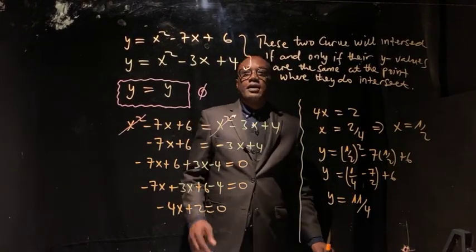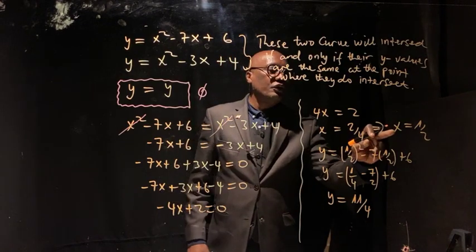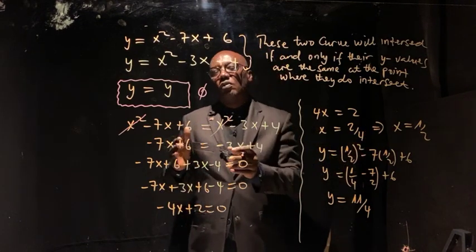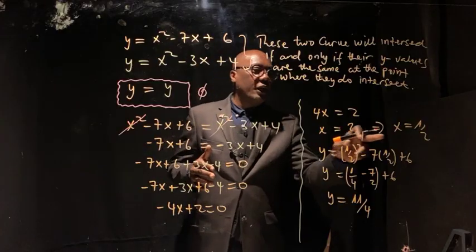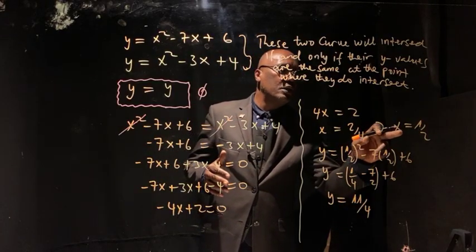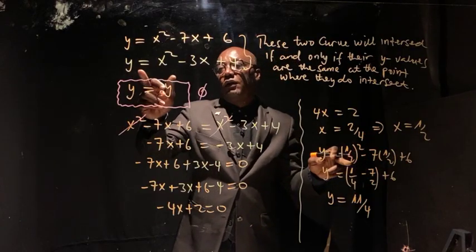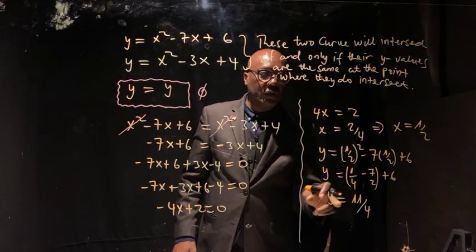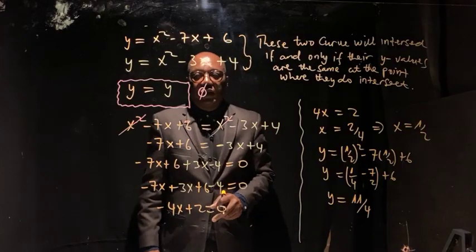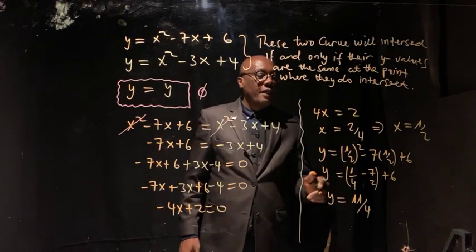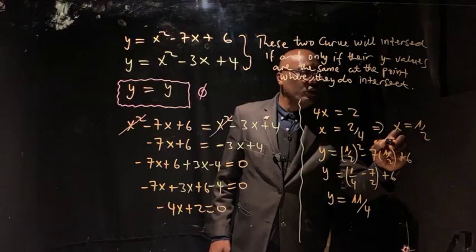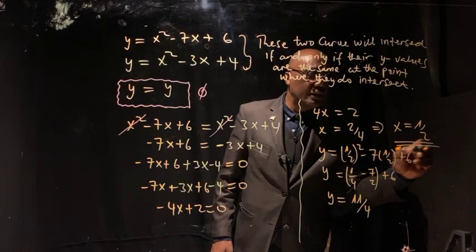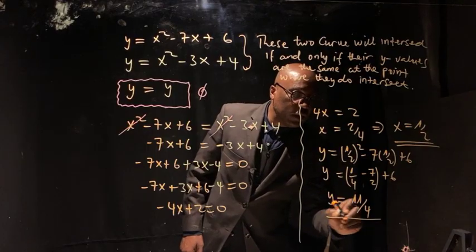You can also use the x value as some homework. Try using the x value of x equals half in this equation, and you will still come up with y equal 11 over 4, which indicates that the two curves will intersect at this point.